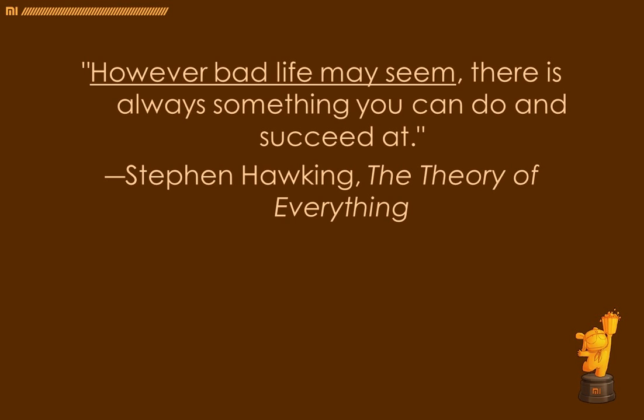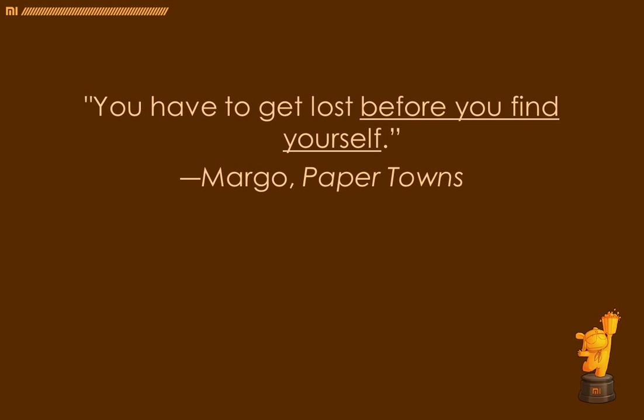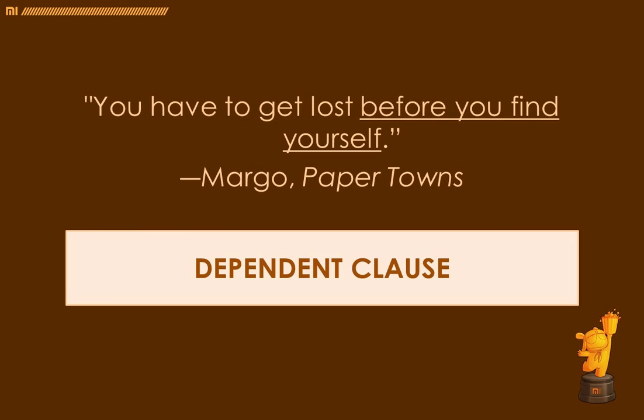The underlined clause is however bad may seem. Since the underlined clause is introduced by a subordinating conjunction, however, the underlined clause is a dependent clause. And lastly, number 5, you have to get lost before you find yourself. The underlined clause is before you find yourself. The underlined clause is introduced by a subordinating conjunction, therefore, this is a dependent clause.